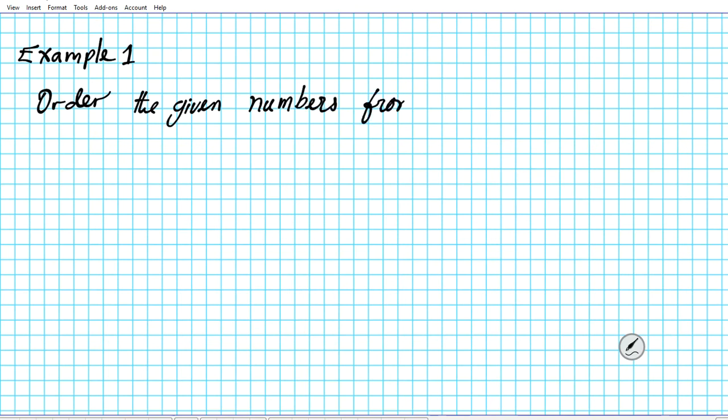Alright, so let's go ahead and take a look at an example where we're going to apply the steps that we just went over. So for example 1, the task is to order the given numbers from smallest to largest.